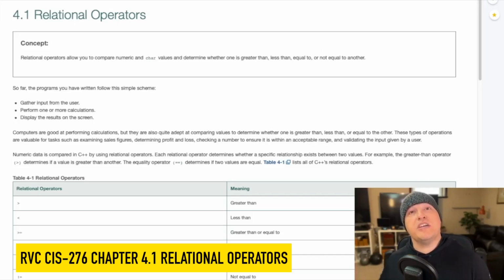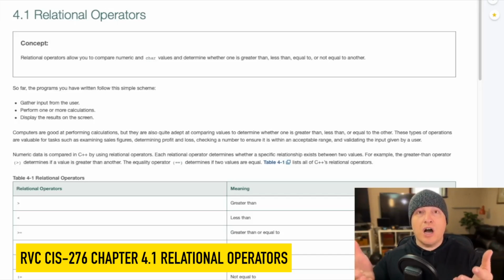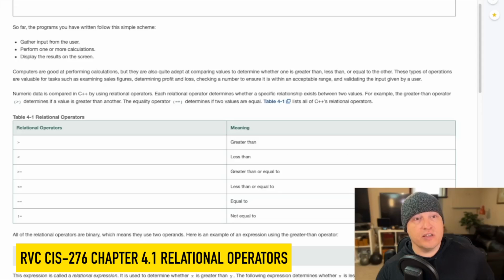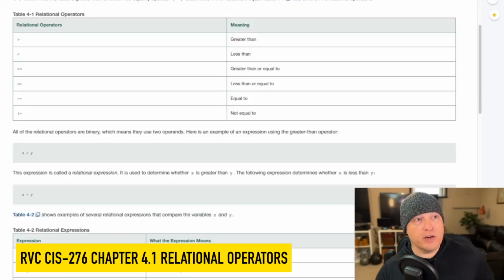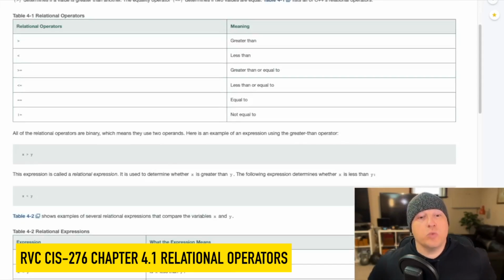And what the relational operators allow us to do is to compare the value of two either numeric values or two character values. So before we get too far into it, here it is on page 151, and I'll just scroll this down a little bit so we can see it a little bit better. It's table 4-1, and it's still page 152. We have six relational operators here that we are going to use.